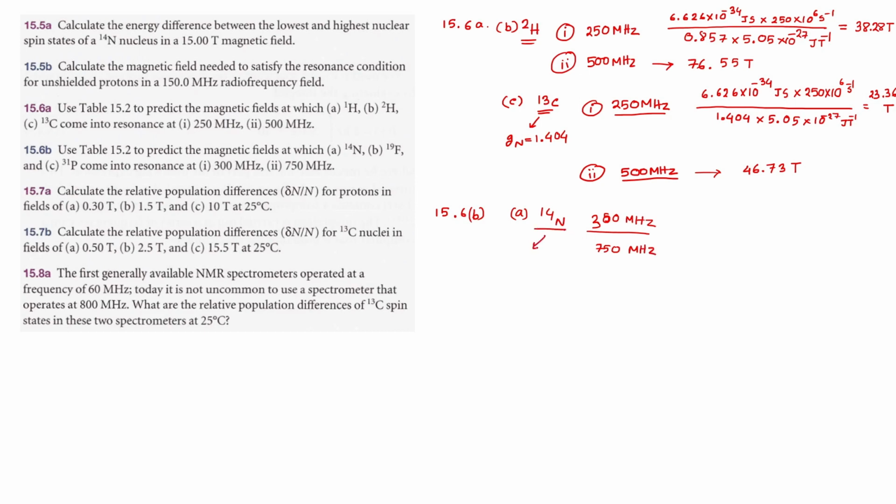For 14N the GN factor is 0.404, right? We took it earlier.